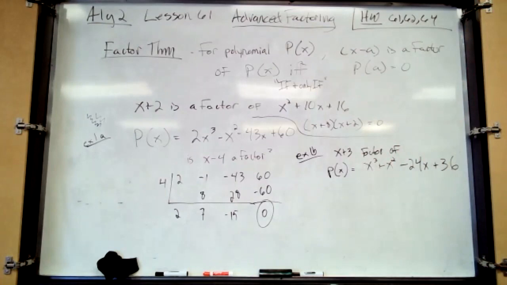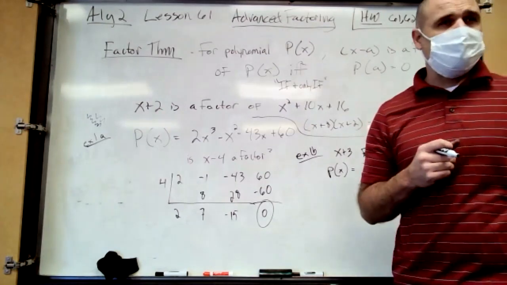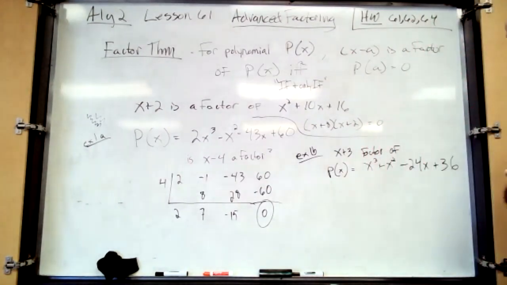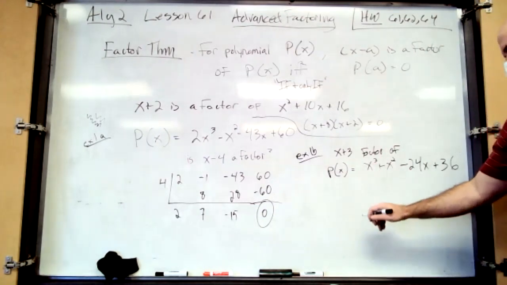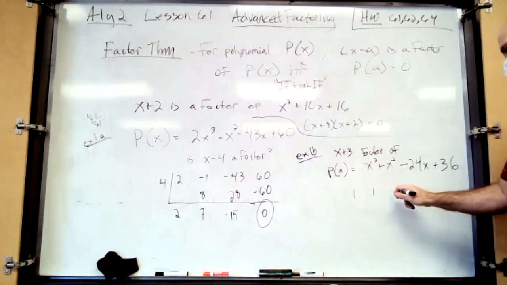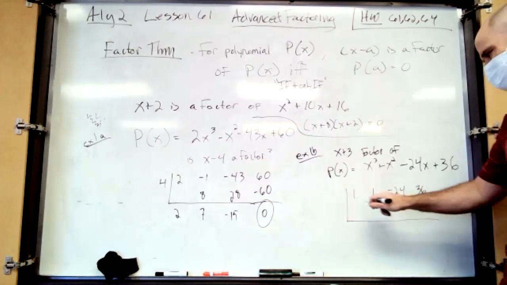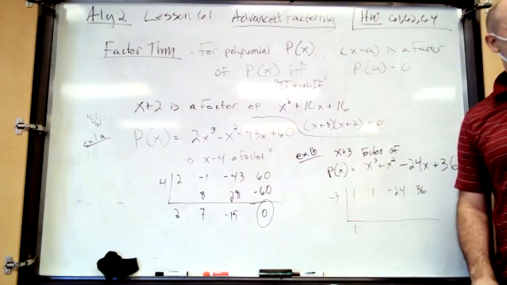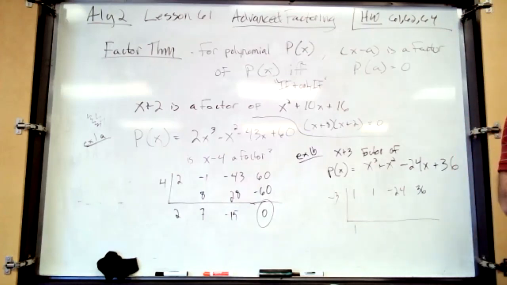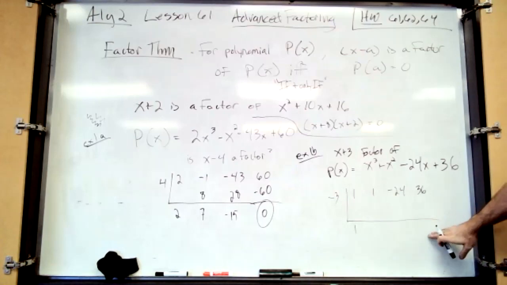So Allison, let me know when you're done and just give me a yes or no. It's a factor or it's not a factor. What'd you get? Yes or no? Is it a factor or not a factor? Like at the end there? Yeah. Yeah, so if you get anything and you don't get zero, then it's not a factor.